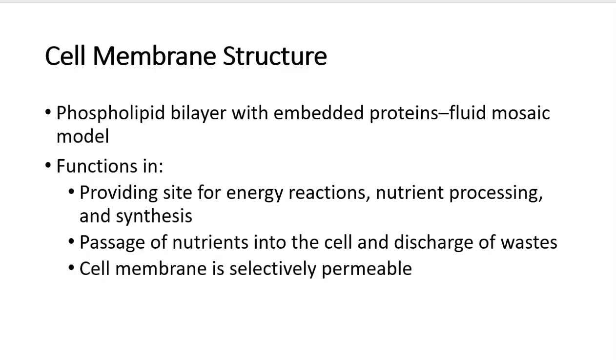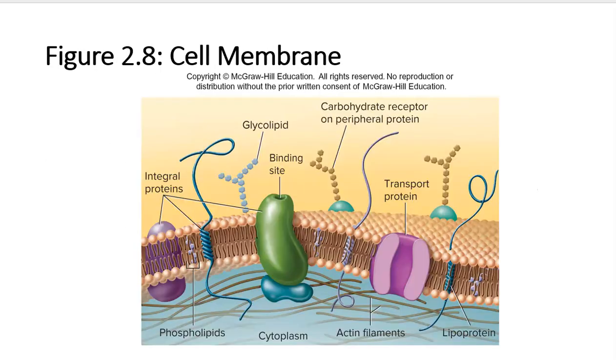Okay. All right, so if we look at this is the cell membrane, and you can see there are transport proteins, there are binding sites, there are phospholipids, there are glycolipids. This cell membrane acts kind of like the same cell membrane that we have in our cells.